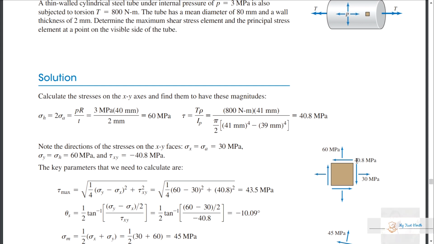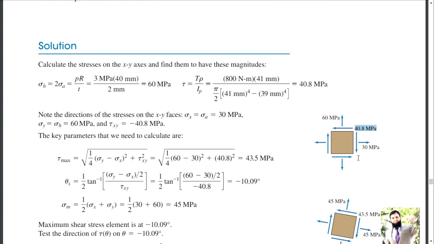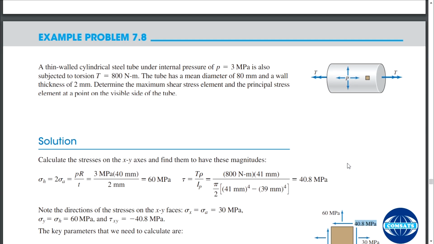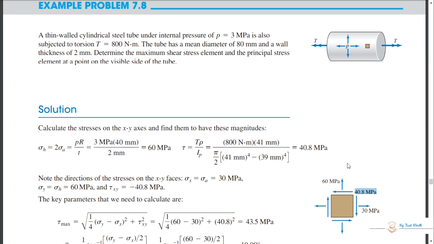Here it should be plus and the arrow should be upwards. Here he has made a mistake. Okay, this is a mistake.